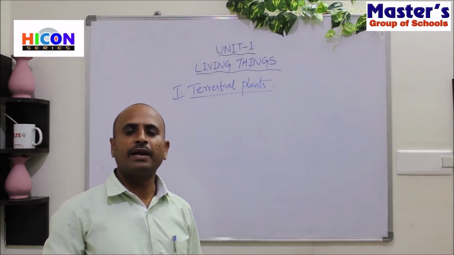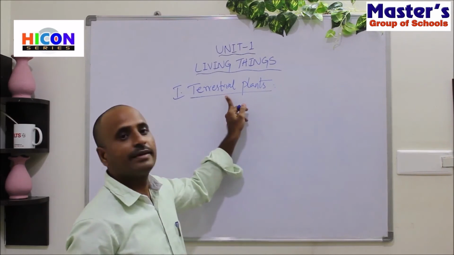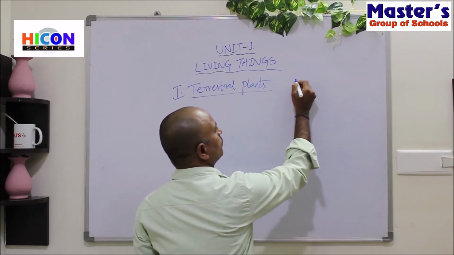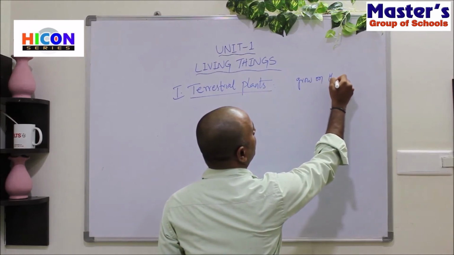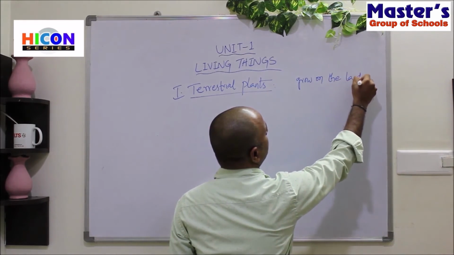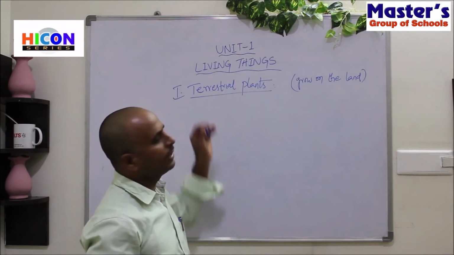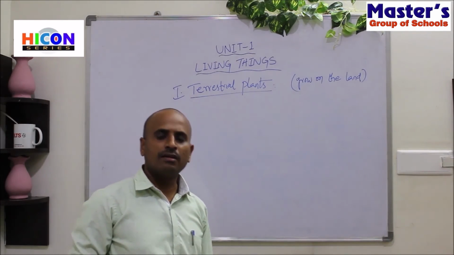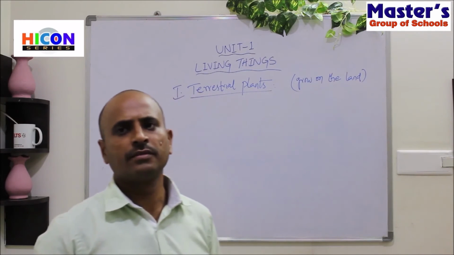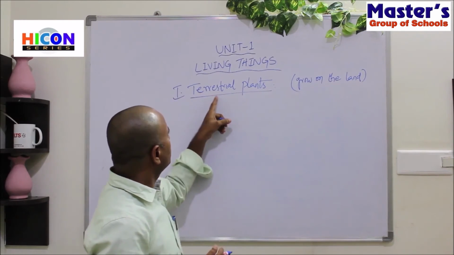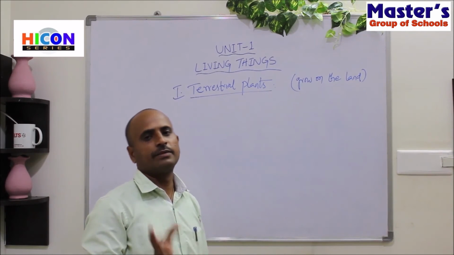So the plants which grow on the land are called terrestrial plants. These terrestrial plants include grasses, shrubs, herbs, etc. These terrestrial plants are again divided into four types.